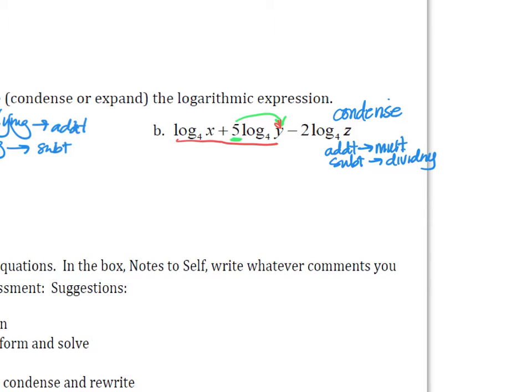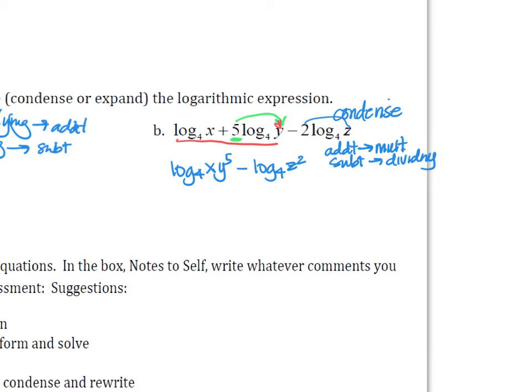So remember, if I have that plus, this will change to log base 4 of x y to the 5th minus, and then this 2 also goes to the exponent. So I'm just going to write that in there. So we have log base 4 of z to the 2nd power.